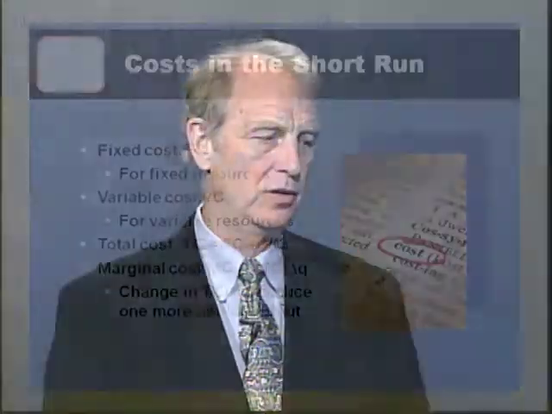Now, that's a great concept for us to get, but where we're trying to head from here is to actually put that into dollar and cent form. So can we convert that over to dollar and cent form? And that relies on the concept of cost. And remember, we have two different sorts of cost. We have both fixed cost and variable cost.